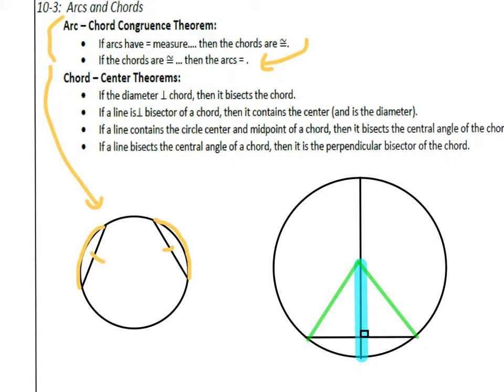Then we move to the second one, which stems from a few hard problems in your book. I'm going to keep the same color I've been using. We'll start with the first one. If the diameter is perpendicular to the chord, then it bisects the chord.